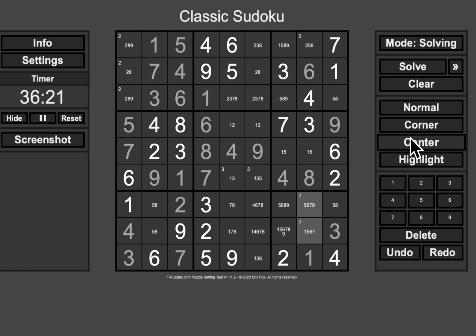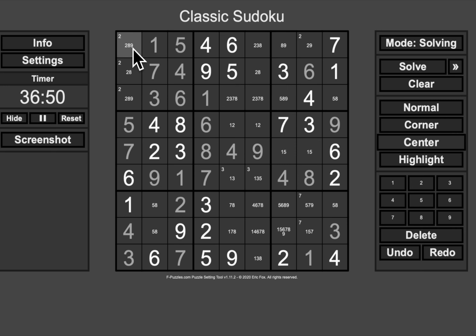Which tells me these aren't 6. Let's see, these aren't 5. These are not 5. Or 1, in fact. 1, 4, 5, 6, 7.